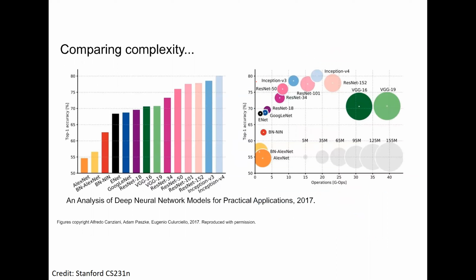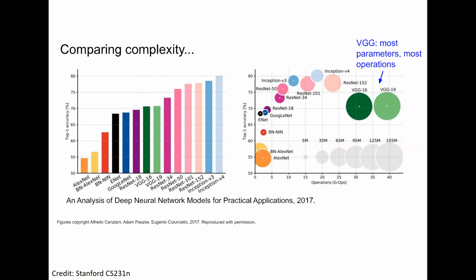And we can compare the complexities. So VGGNet is quite big, like this. And over time, the accuracy improves. However, the model size also increases. InceptionNet version 4 is the combination of ResNet and InceptionNet.